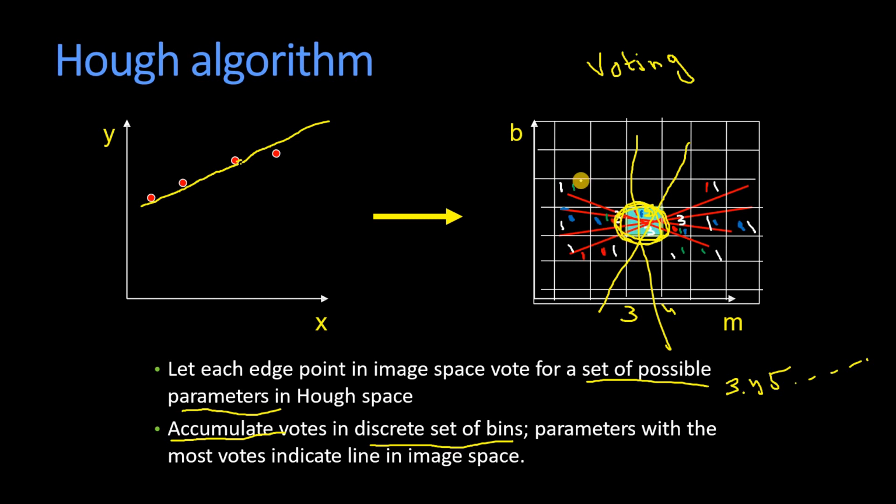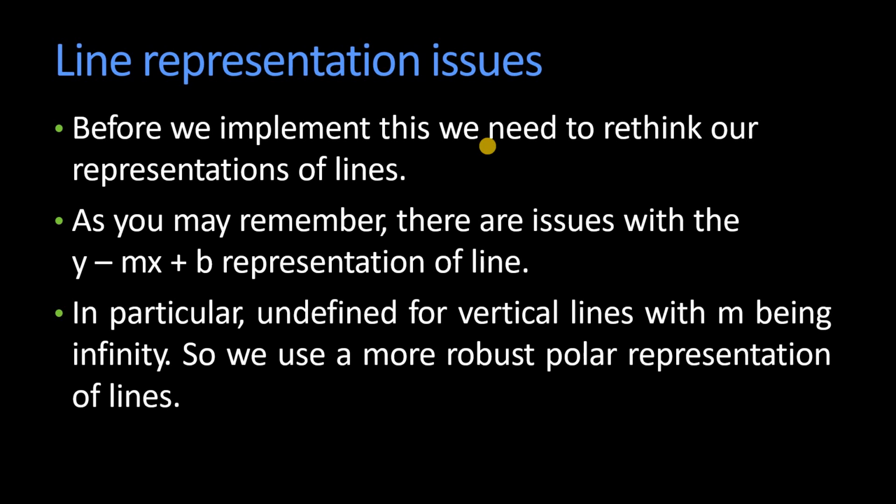We have a fixed number of candidates, not an infinite number, the same as in our normal elections, where we have 9 or 10 or 12 fixed, countable number of people to choose from. So the points have a fixed choice. They have to choose amongst these bins, they don't have anything outside this area. And the parameters with the most votes indicate the line in the image space. Clear?